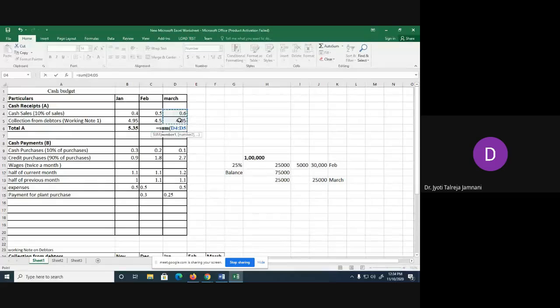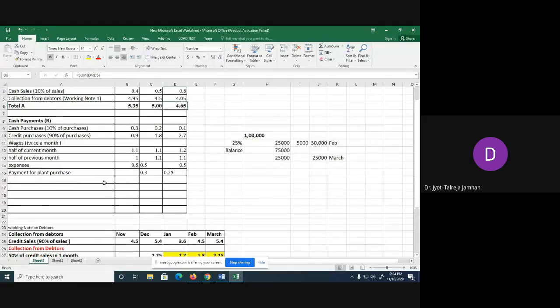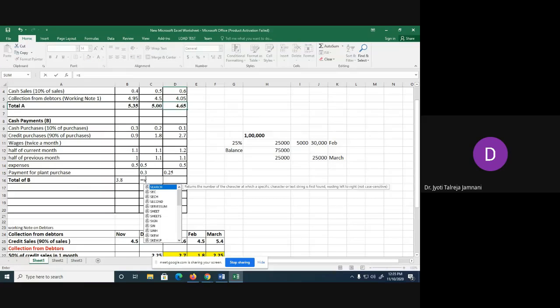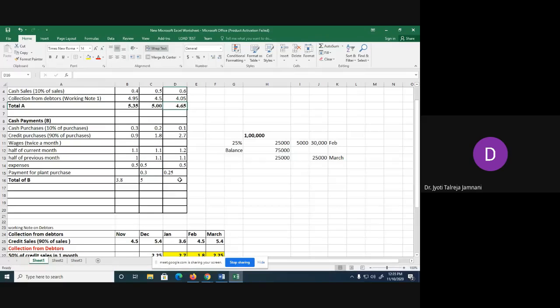I'm adding the receipts. So this is the total receipts, 5.35 lakhs, 5 lakh and 4.65 lakh. Now let's find the total of B, which is nothing but the payments. So it will be adding all the payments.